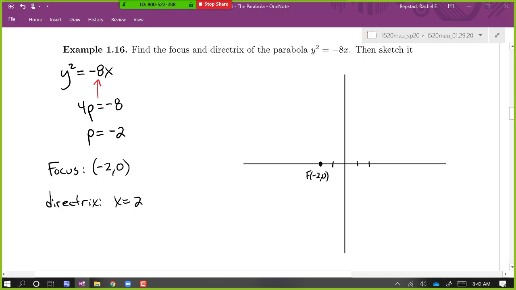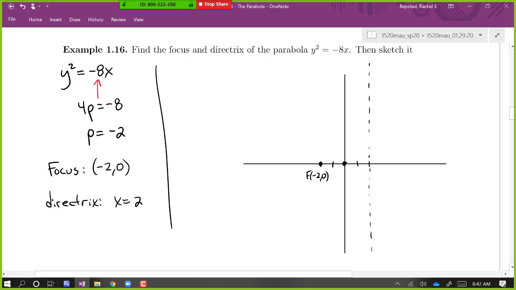Here's our directrix. We know the vertex is at the origin. We'll talk about parabolas with their vertex elsewhere later, but right now all of our vertices are at the origin. And then, which way is this going to open? To the left. Yeah, it's got to open away from the directrix and swallow up the focus.